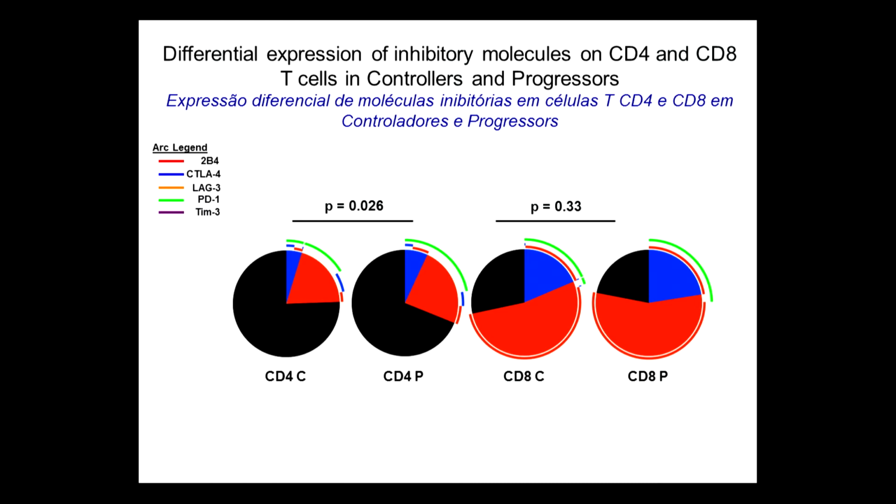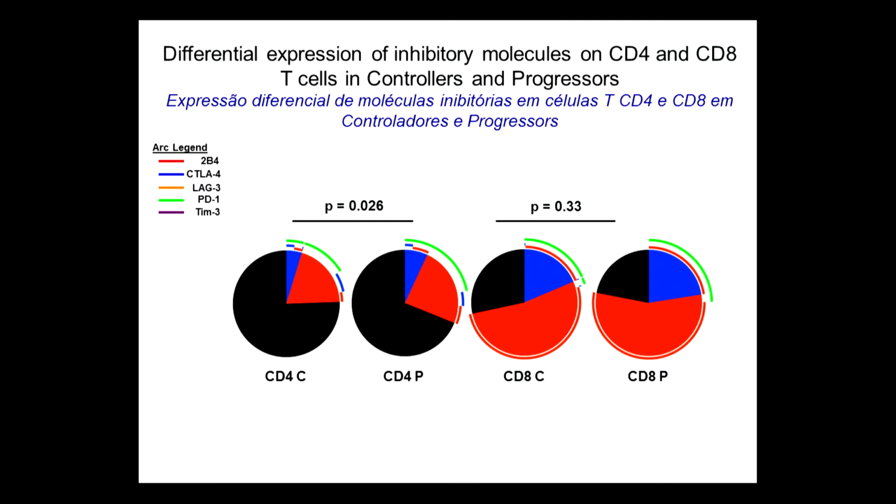What we're also seeing is that there's much more dual expression of two inhibitory receptors, basically PD1 and 2B4 on CD8 T cells, while for the CD4 T cells we see much more single expression, and when we see dual expression, it is the dual expression of CTLA4 and PD1.